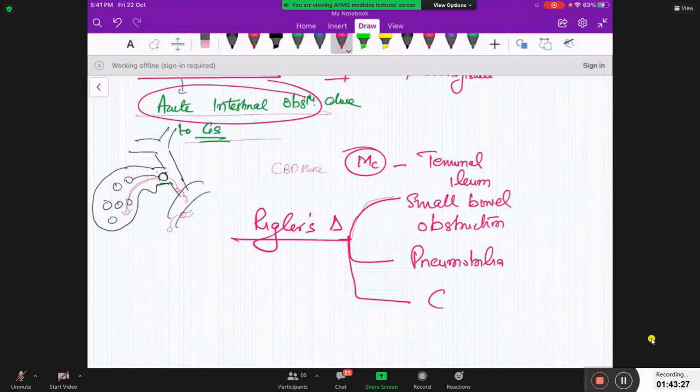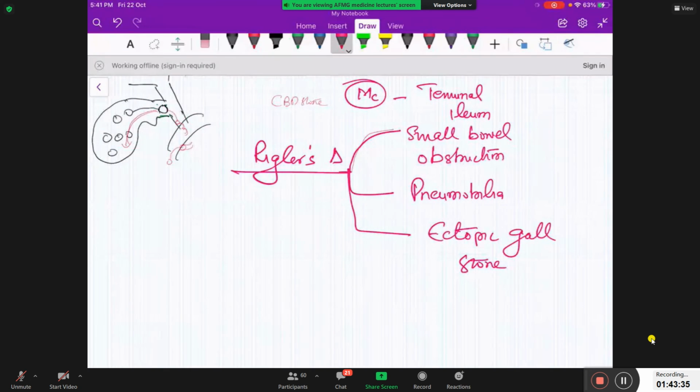And ectopic gallstone. This is Rigler's triad. And a patient of gallstone ileus is going to present to us with features of acute intestinal obstruction. What are those features? We will be discussing.